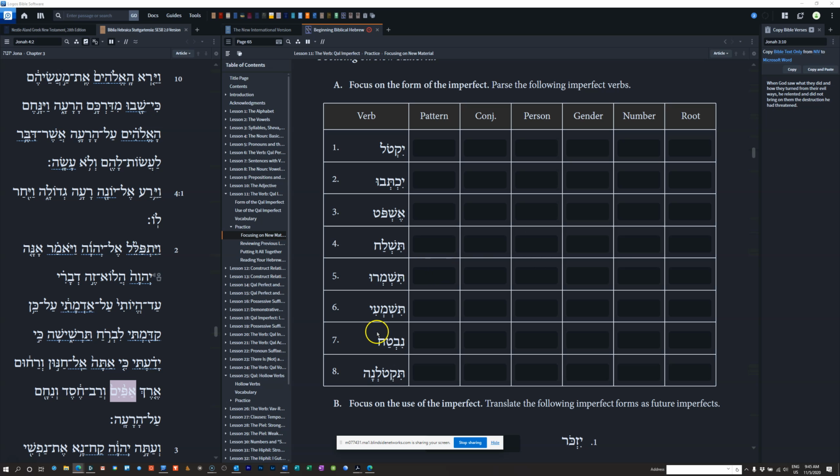They're not going to give us a pattern we haven't learned. So far, the only time we've seen a nun prefix is in the Qal Imperfect 1cp. So that's what we've got here, a Qal Imperfect 1cp form of batach. Batach is "he trusted," so nivtach, that's going to be "we will trust."